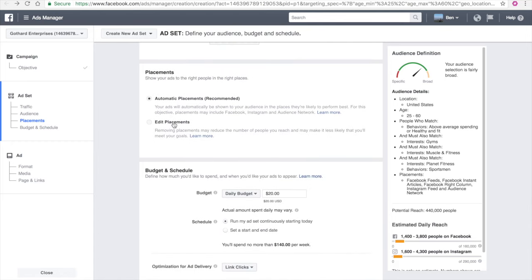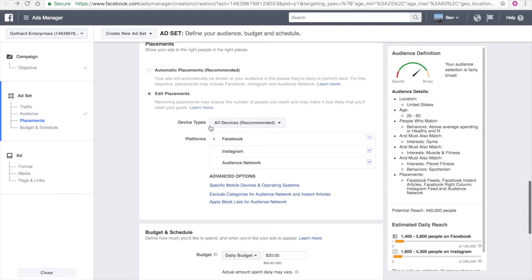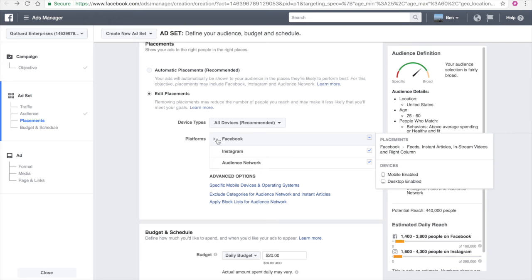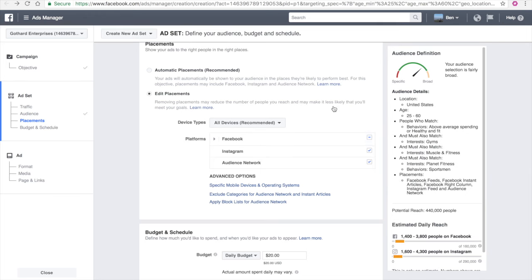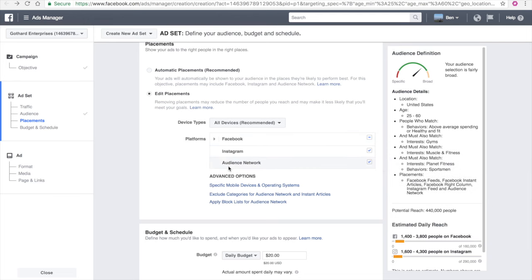Okay. Now, automatic placements. I am a very big proponent of being very selective with your placements. What I would do is run 3 different ads for Facebook, Instagram, and Audience Network, and see who's actually buying.